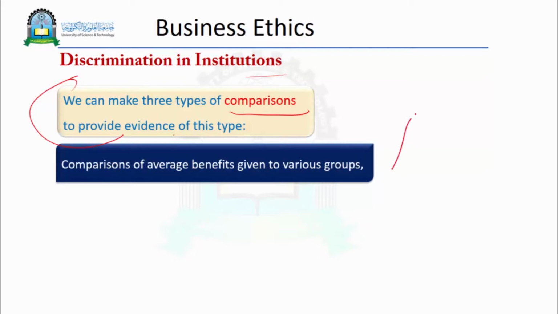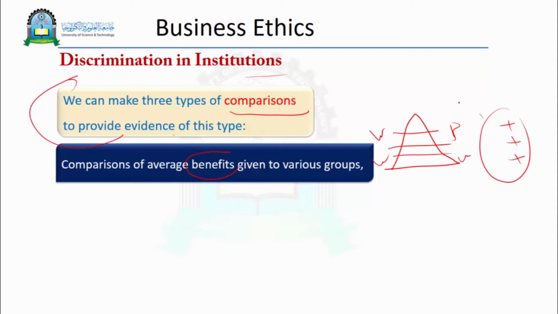So in a company where we have different people, black, white, women, men, people of different ideologies, we compare among those people regarding the benefits that they get. And if we have differences, and such differences are related to these features, then we may say there is discrimination in that company.